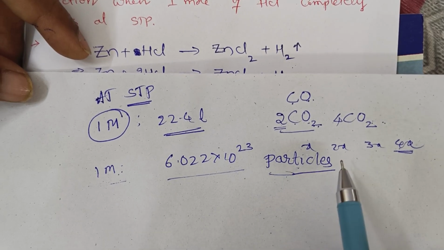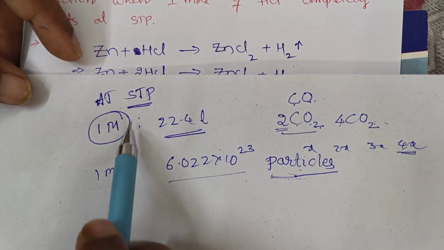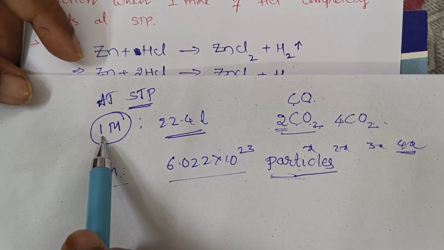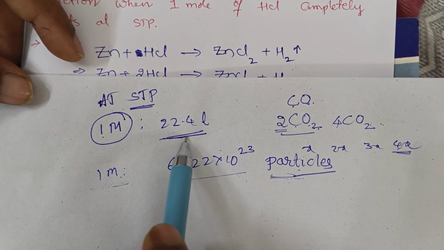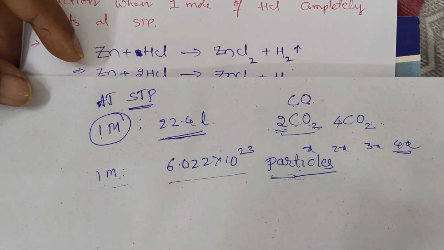Particles may be atoms, molecules, or formula units. But at STP, 1 mole of any gas occupies 22.4 liters. We have to remember these two.